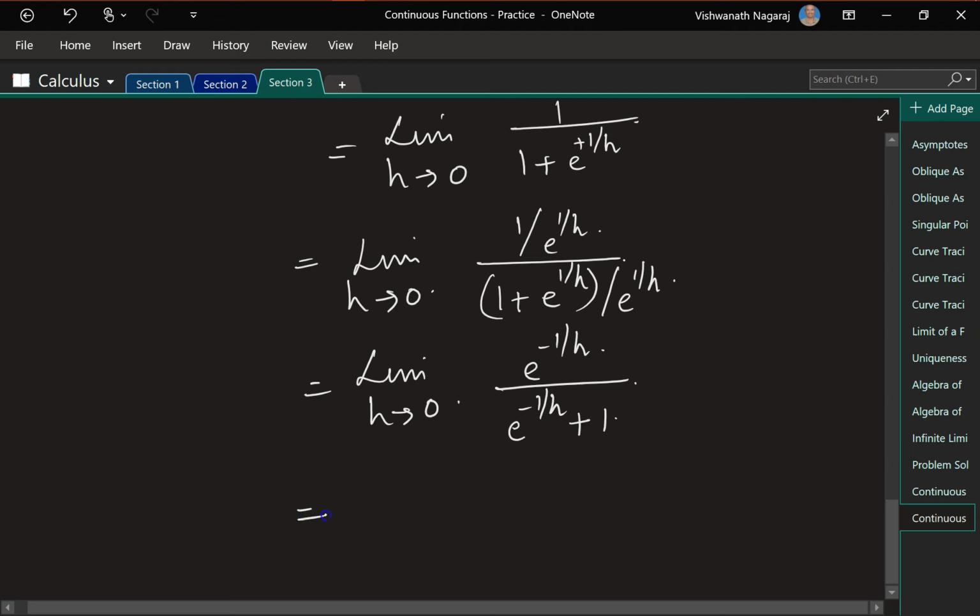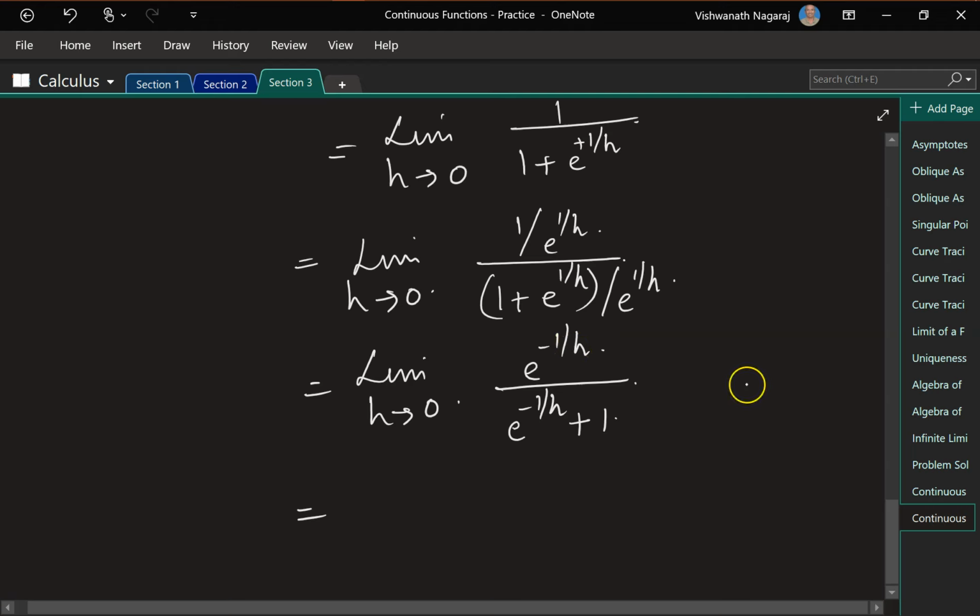And now we actually take the limit. So when we take the limit, what happens? As h becomes smaller and smaller, 1 by h becomes greater and greater, right?